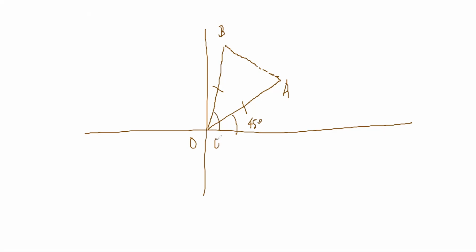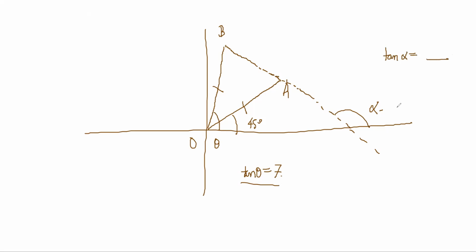This is theta. Tan theta is equal to 7. And slope of AB you have to find. You have to find alpha. So tan alpha you have to find.